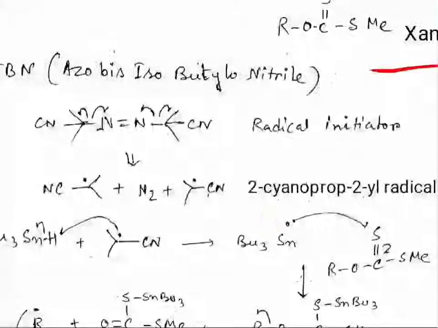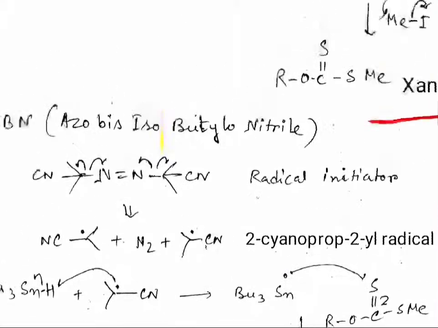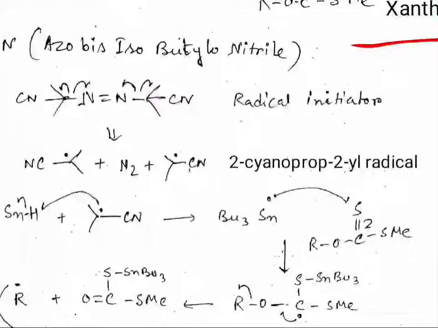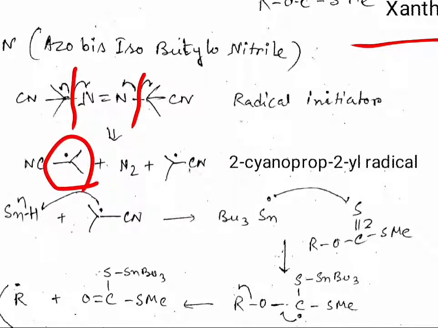This bond and this bond go through a homolytic cleavage. That means this and this. These two bonds go through a homolytic cleavage, thus a radical is formed. This is the 2-cyanoprop-2-yl radical. And this will form nitrogen.